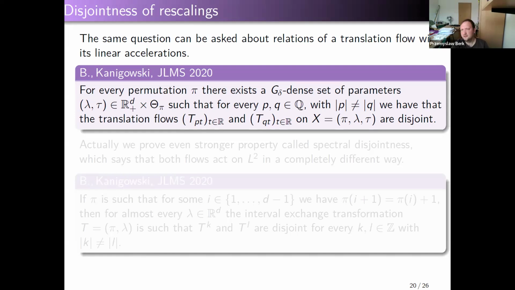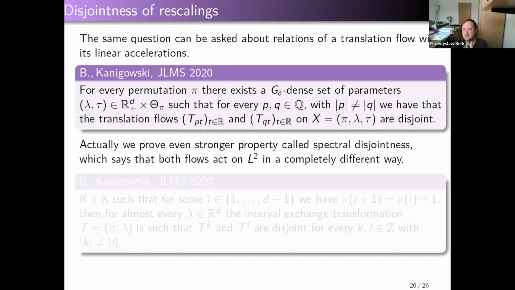What we actually proved, which is not written here, is that they are spectrally disjoint, which is an even stronger property than being disjoint. It means that there is no observable on which they act in a similar way, so they apparently have absolutely nothing in common, besides the things that I already listed.